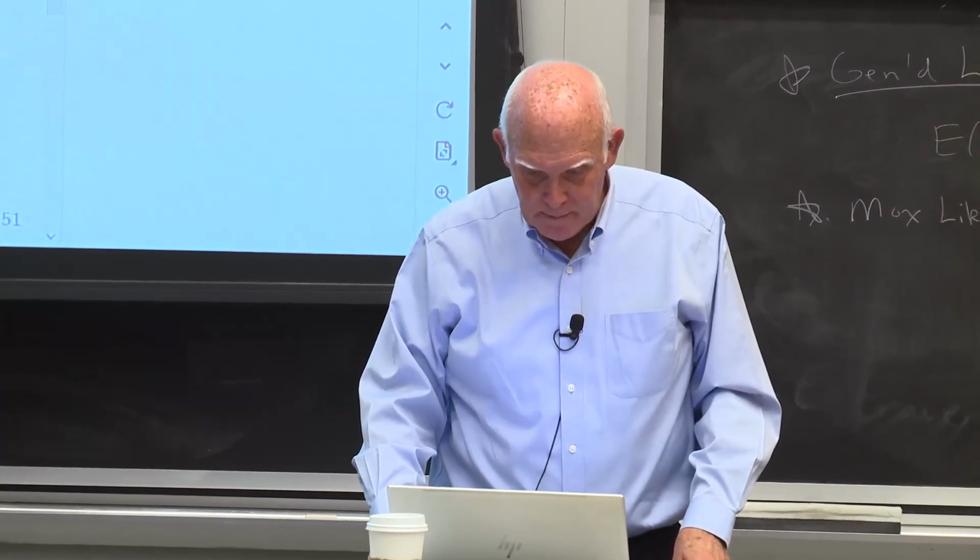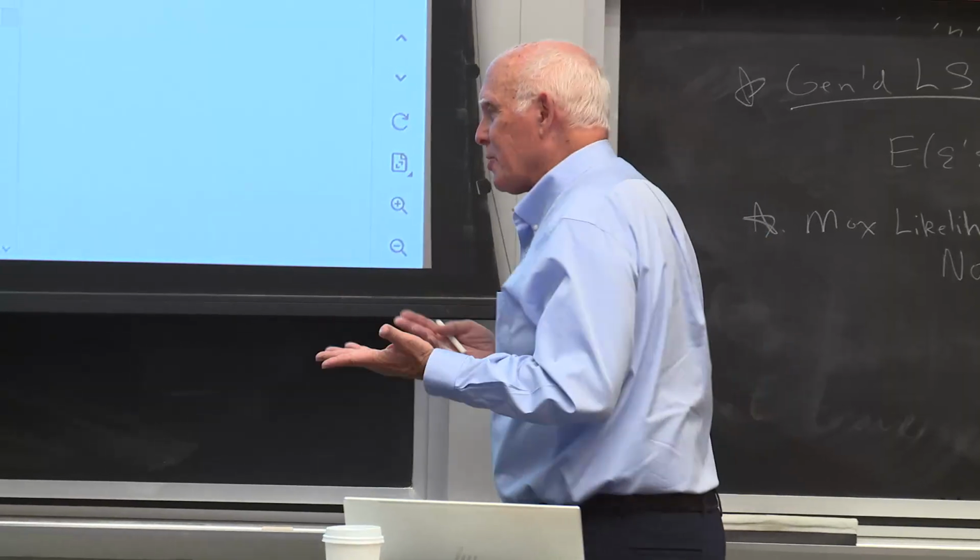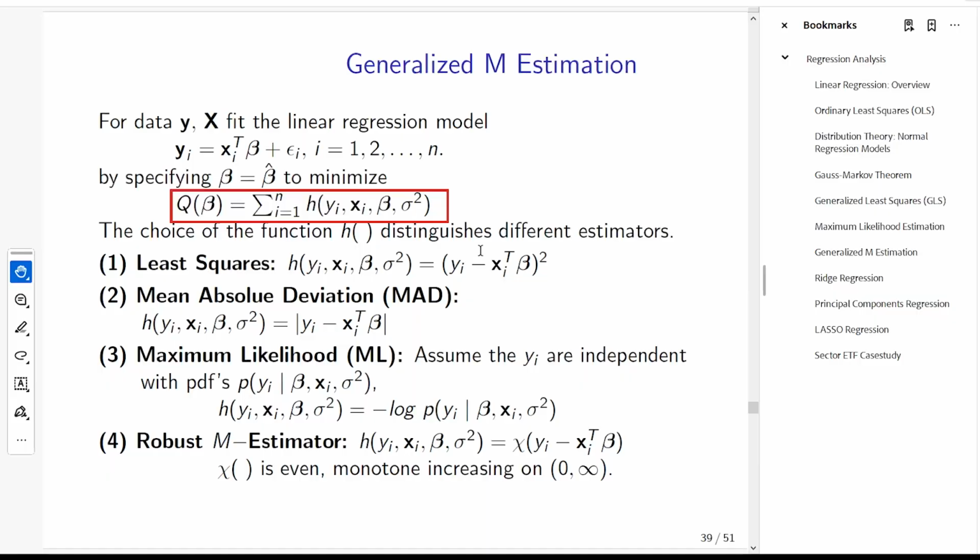All right. Well, what's interesting to generalize is to find estimators which minimize a Q function which may be different from least squares or sum of squares. And so we can consider a Q function which minimizes the sum of a function h evaluated at case i.